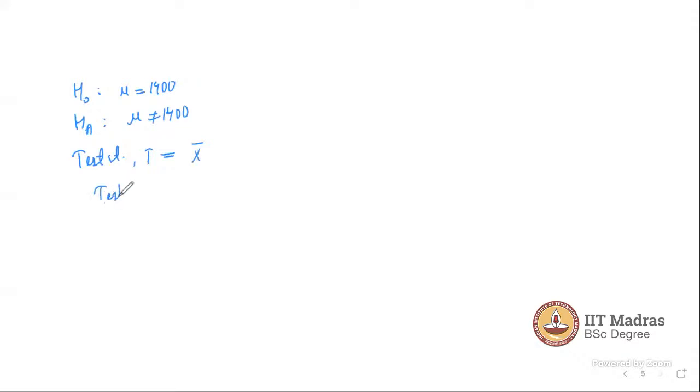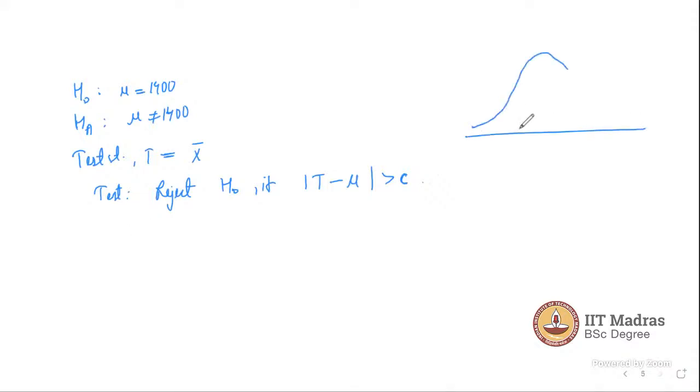The test says to reject H naught if mod of T minus mu is greater than C. You have a doubt in this, right? While evaluating the alpha value, if I want to find alpha, this is going to be the probability that mod of T minus mu is greater than C given mu equals 1400.